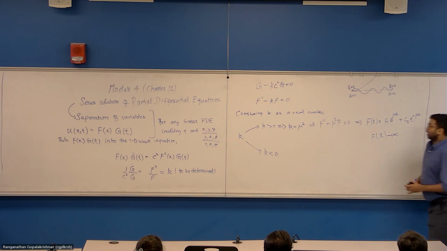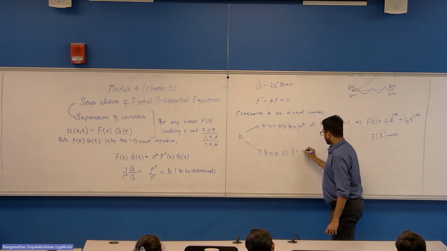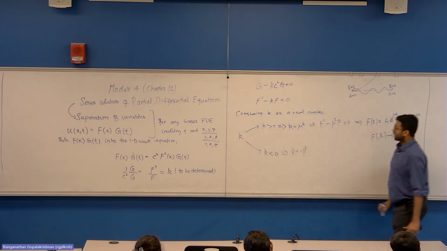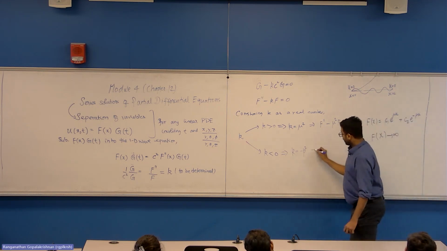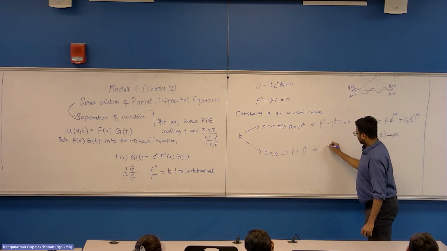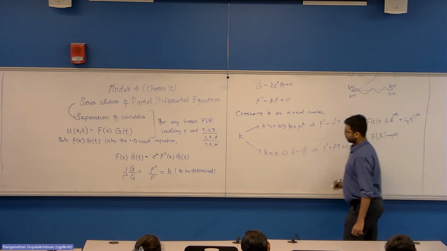Okay. The other possibility is where we write k as a negative number equal to minus p squared, where p itself is a real number. That would lead to f double prime plus p squared f equal to 0.